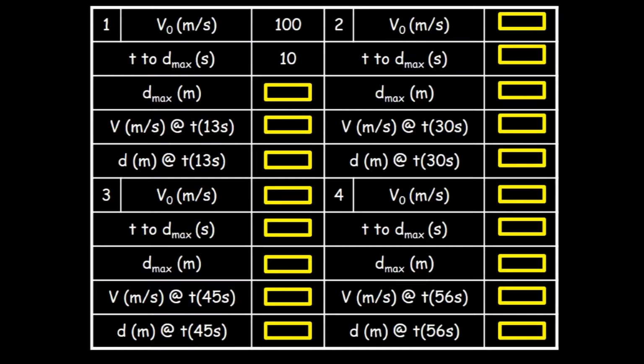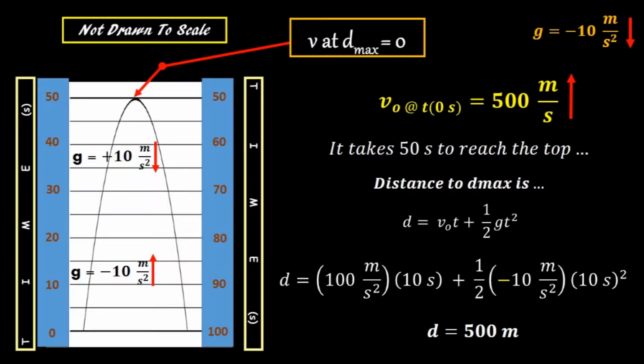The next one is, how do you get Dmax? Well, we saw Vf equals V naught plus AT. This one is going to be similar, and that is D equals V naught T plus 1/2 GT squared.